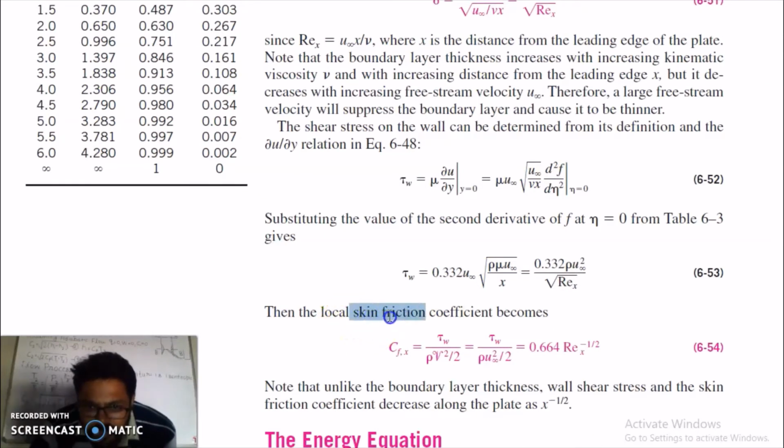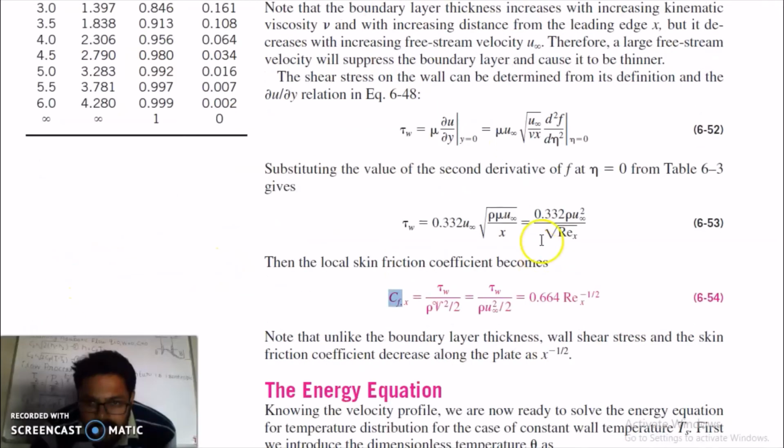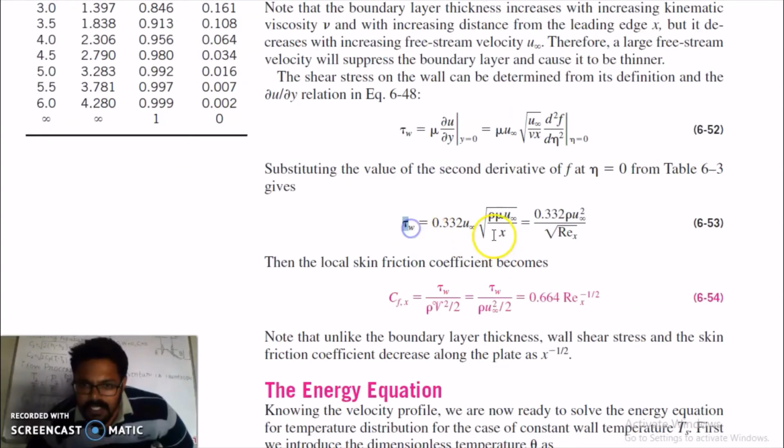Now from the definition of local skin friction coefficient, Cf on this layer which is adjacent to this boundary can be calculated from this divided by this. You will get the local skin friction coefficient, which is 0.664 Re_x raised to the power minus half. You can see that with increase in x, as you go along the wall or plate in the x direction, your boundary layer thickness will increase, while the shear stress is inversely proportional to x.